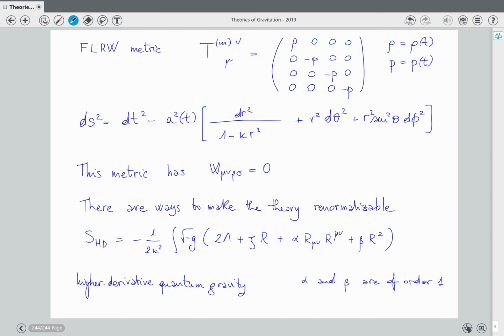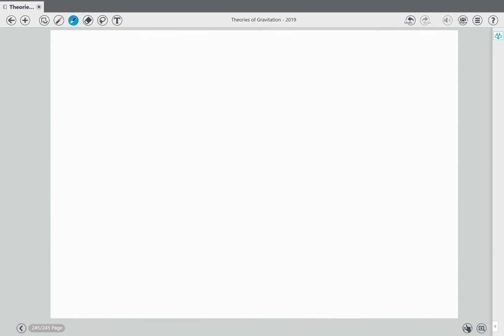And that changes the theory completely, because if you expand around flat space, ignore the cosmological constant for a moment. It's necessary to have the cosmological constant for renormalization, but flat space is not a solution in the presence of a cosmological constant, but we expand around flat space anyway.